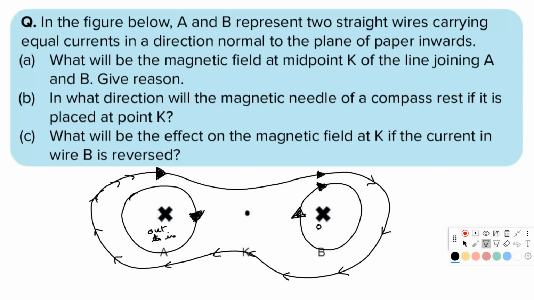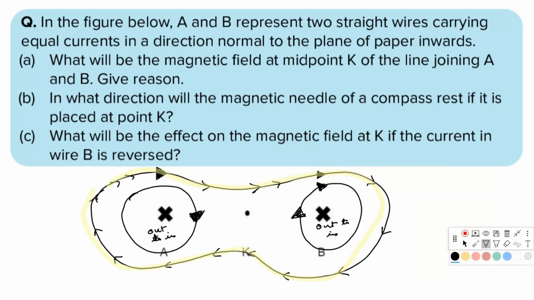For both of them, current is out to in. So because current direction is same, for both of them, magnetic field is in clockwise direction. As a result, field travels around the points A and B without touching the midpoint. So the field doesn't come at point K.